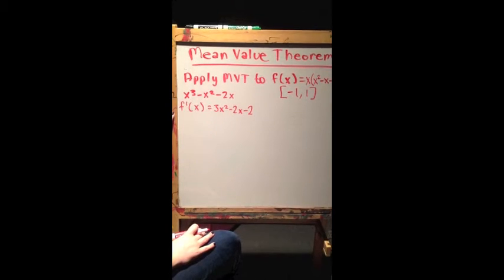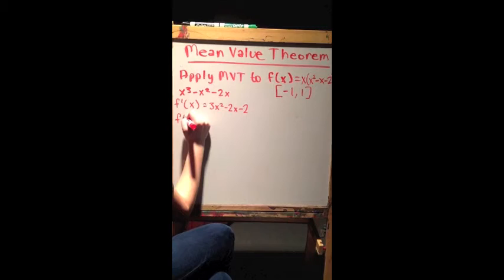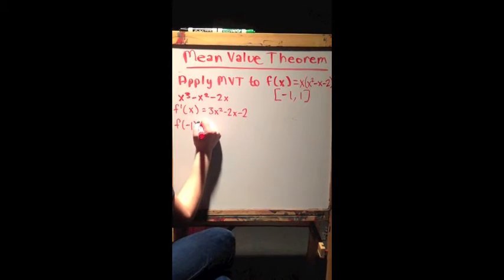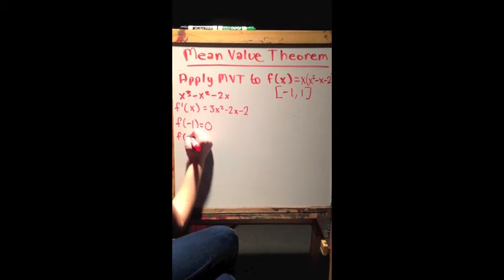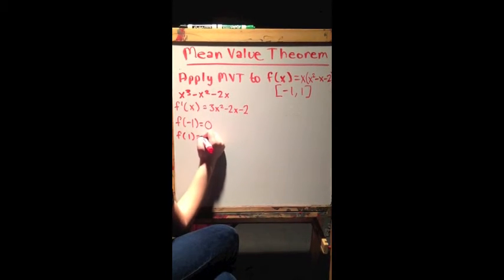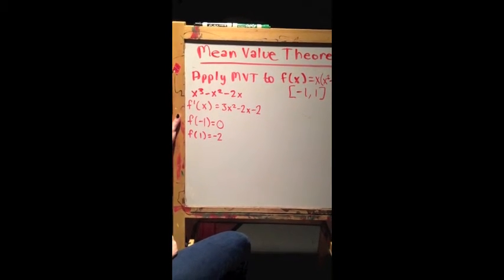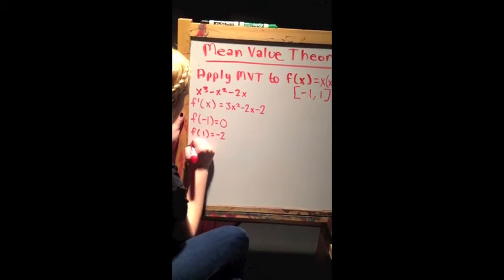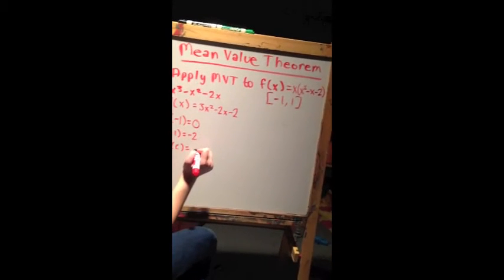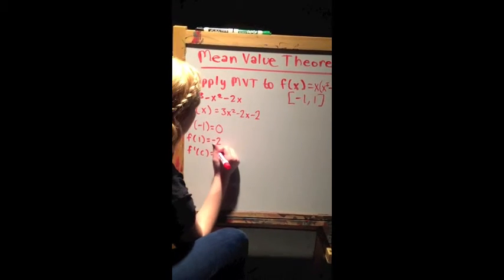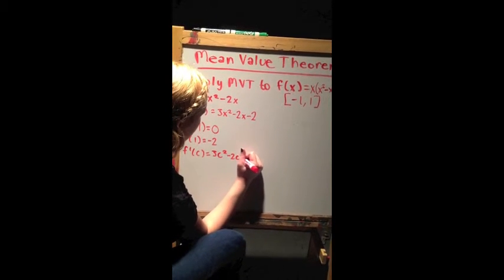And then you would take the points of your interval and plug that back into the original equation. So your f of -1 equals 0, and your f of 1 equals -2. And then you would take f prime of c, so you're substituting the x with a c in the differentiated problem, 3c squared minus 2c minus 2.